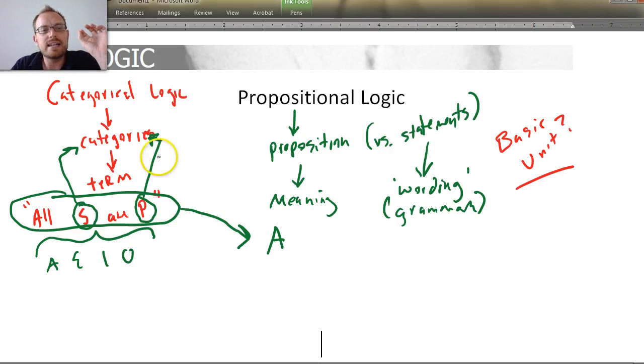That's key, because instead of trying to force an ordinary language argument into categorical form for analysis, we can now just take a look at the proposition, assign it a variable, and introduce what we call connectives to relate different propositions together. So the basic units are propositions.